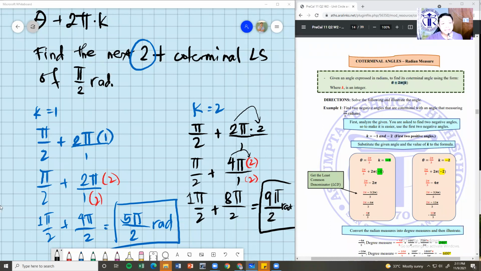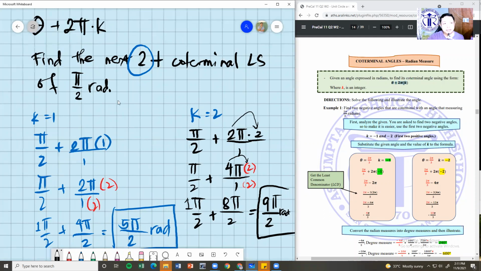If you want another process naman na para mas ma-imagine nyo yung pag-drawing, kasi drawing the radian measures in the Cartesian plane sometimes becomes too difficult for some learners. Now, one way for you to do this is to convert your given, convert nyo to degrees.